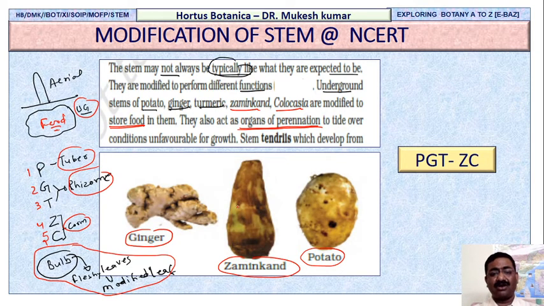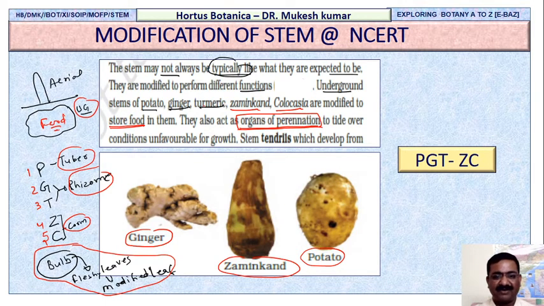So these are organs of adverse conditions, also called organs of perennation. Since they are found under unfavorable conditions, they adapt according to the outer environment, to face and get their growth in that unfavorable condition.